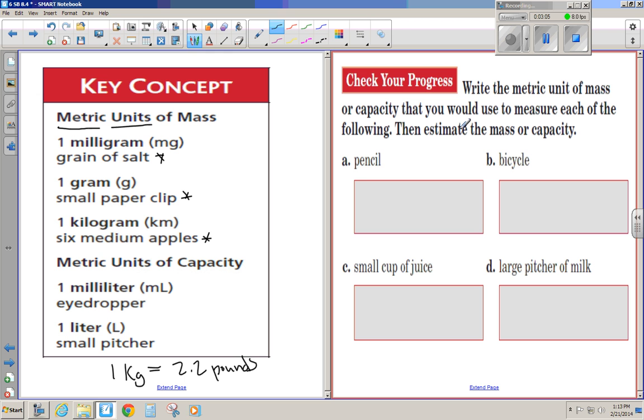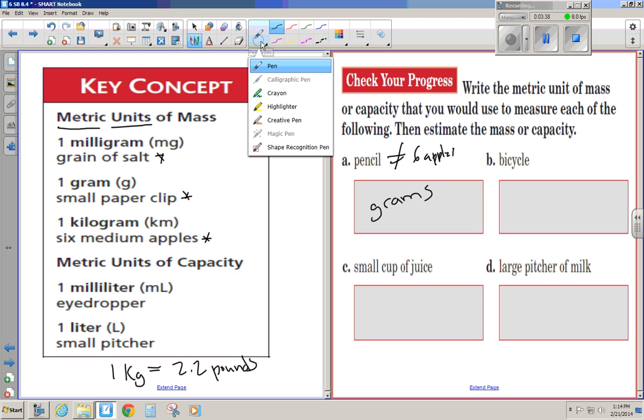Alright, let's decide which unit we would use and then estimate. A pencil. We're dealing with mass. It's definitely not kilograms, because a pencil is not even close to 6 apples. But it's definitely more than a grain of salt. So you're right in between, and it's going to be grams.